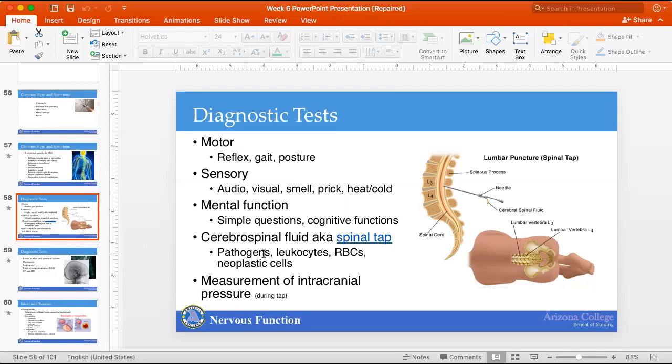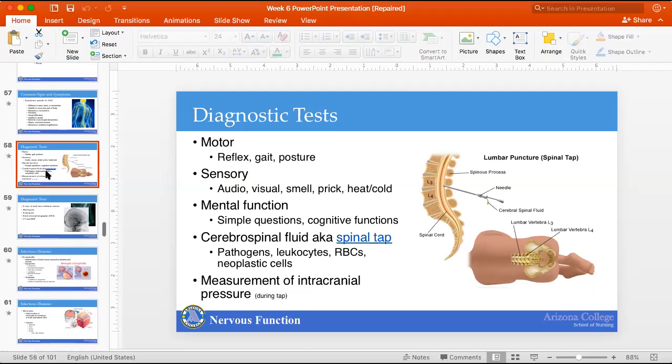So you're looking for certain pathogens, leukocyte numbers, potentially RBCs and neoplastic cells, so if it's potentially cancer. And then measurement of intracranial pressure. If there's excessive pressure, maybe there's too much spinal fluid or something causing disturbances, and that could be from trauma, potentially a concussion.